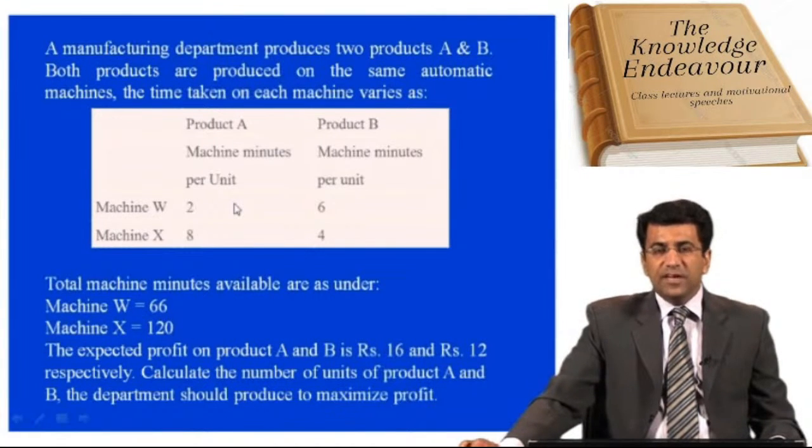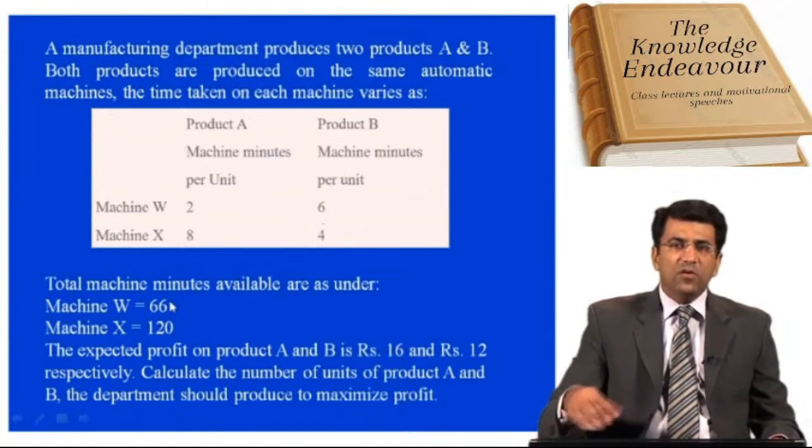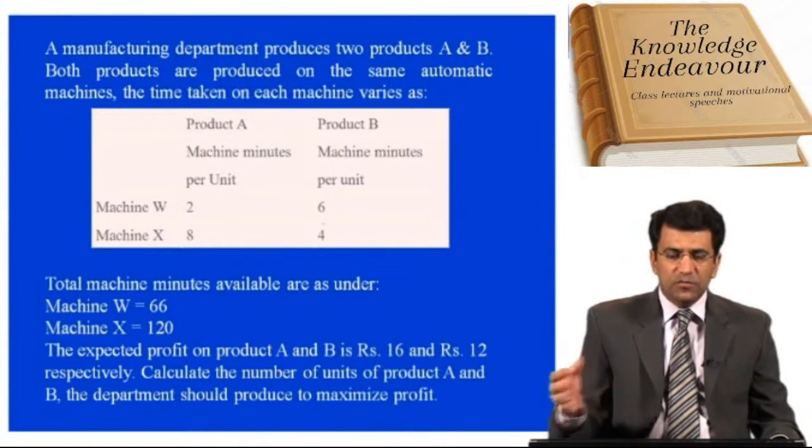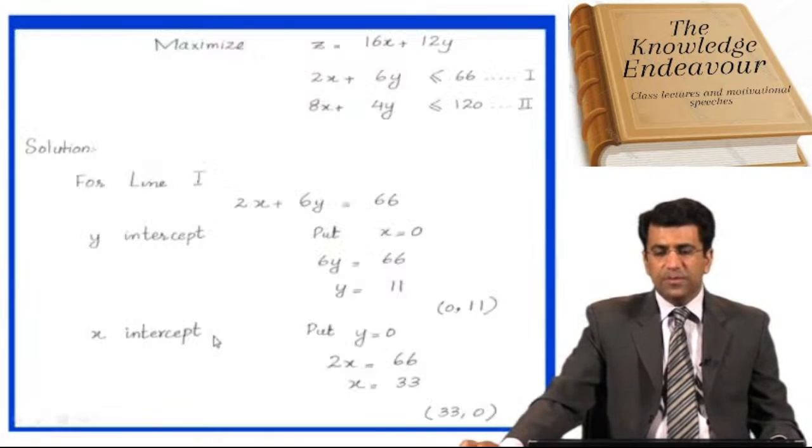So in this particular case, again, if you suppose that you produce x units of product A and y units of product B, then the first constraint for this particular situation will be 2x plus 6y less than or equal to 66, because we cannot go beyond 66. That is the limitation of that machine W. So our first constraint will be 2x plus 6y is less than or equal to 66. This is our first inequality or constraint in this particular case.